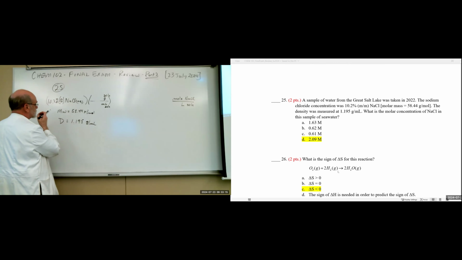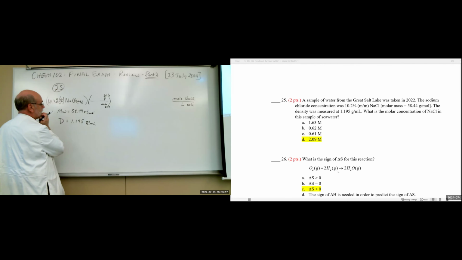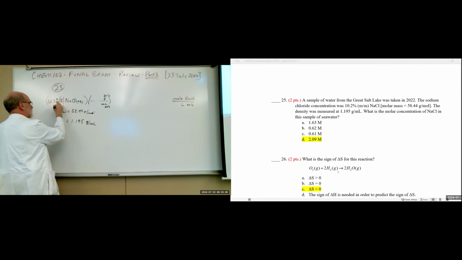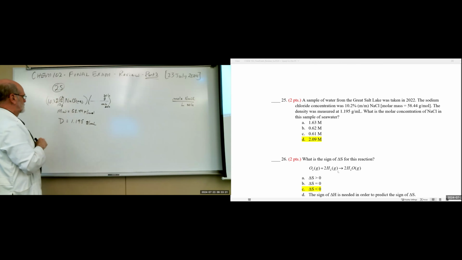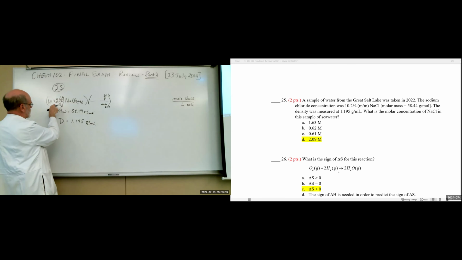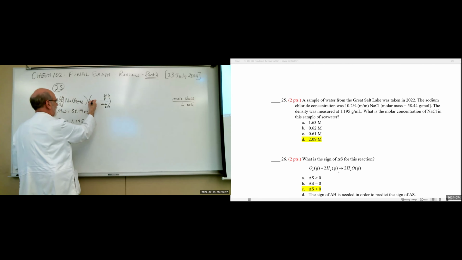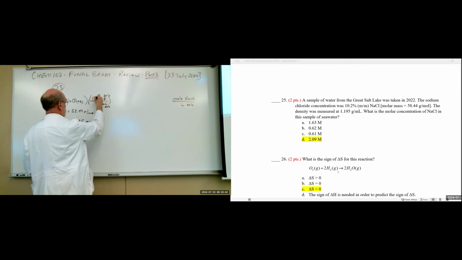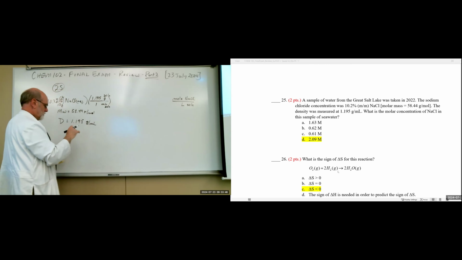If this is grams per milliliter, this would be 100 grams per gram. Right? 10.2 grams per 100 grams. There you go. And this is 1.195 grams per milliliter. There we go.